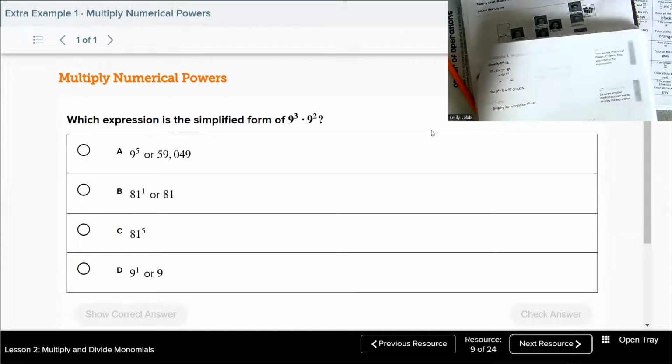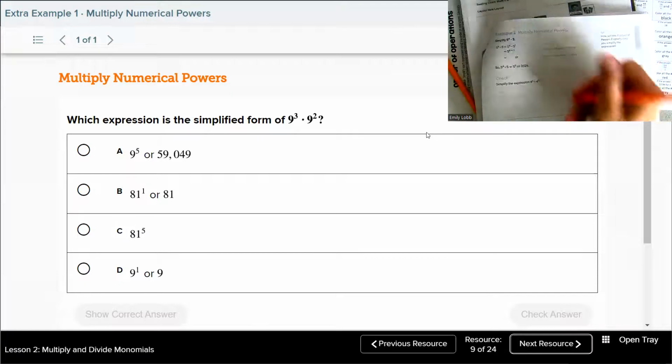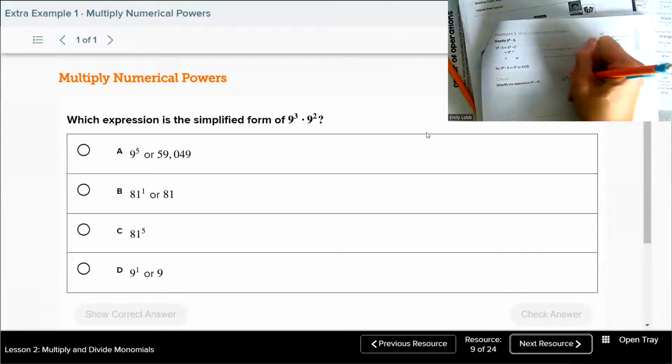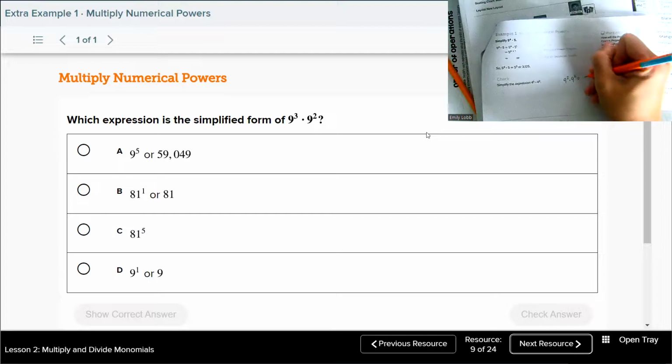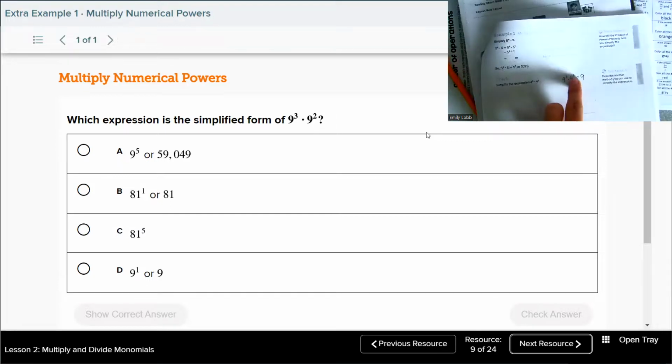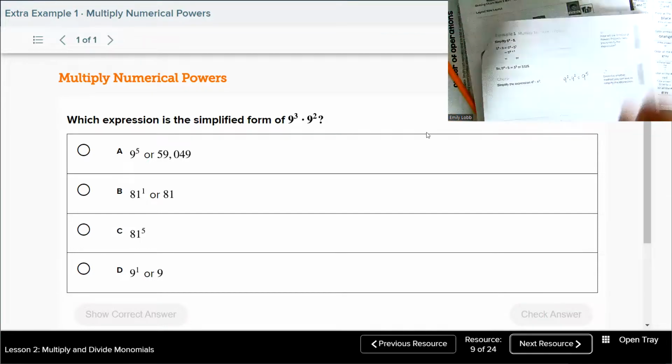So right here you can write out 9 to the 3rd times 9 to the 2nd power is equal to 9 to what power? 3 plus 2 is 5. Can we do that? That's pretty simple, right? We can do these, I hope. You're right, this one is not on our paper. Is that what you're saying? This is an extra, but I want you to write it out.